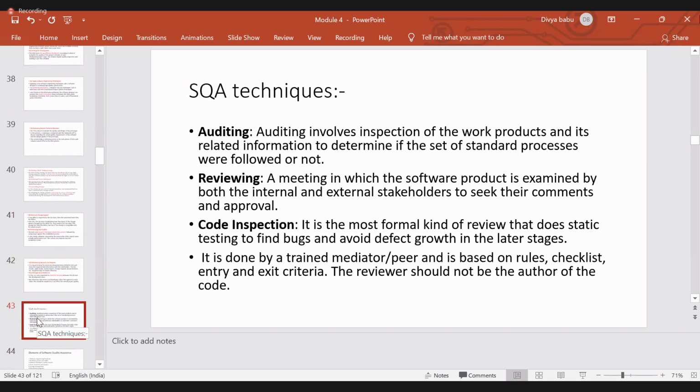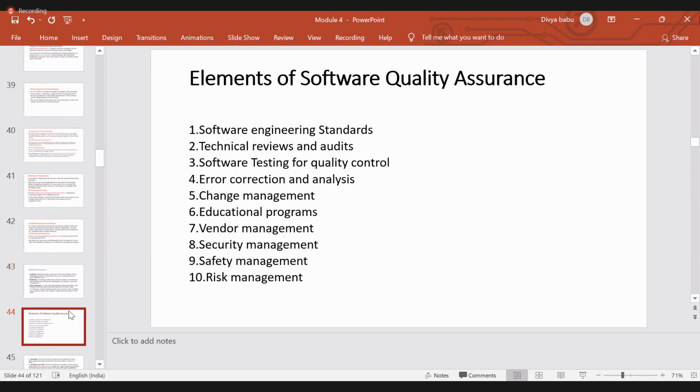All are needed to get us good quality software. So all of these things are part of software quality assurance activities. Techniques, auditing, reviewing, code inspection are parts we already completed. I just went through this once more to remember.